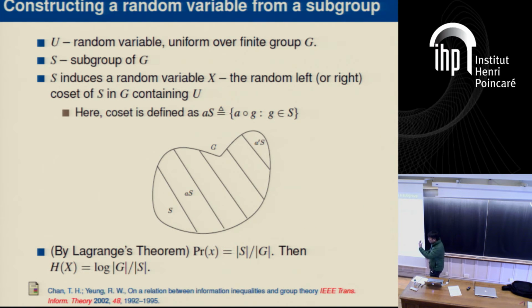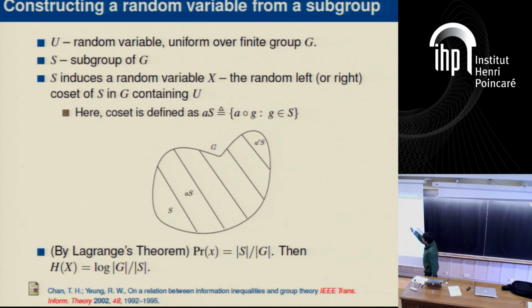Now, for each subgroup S, this S will partition G into different cosets. A coset is a subset of G of this particular form, A circle g, where g belongs to the subgroup S.